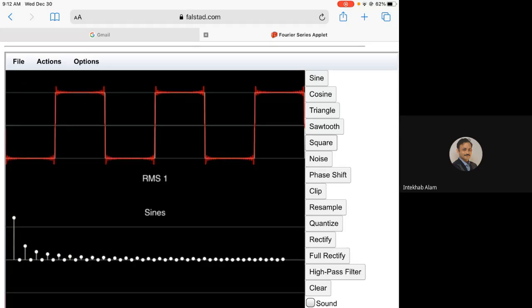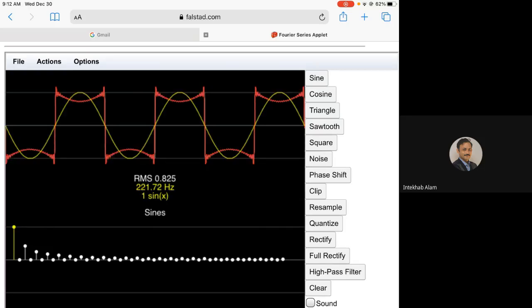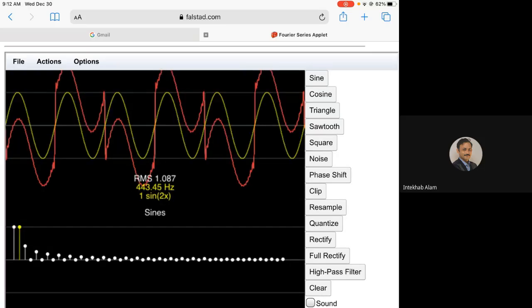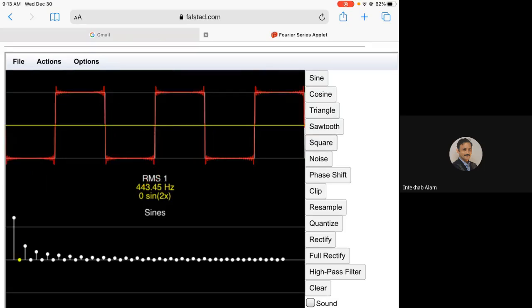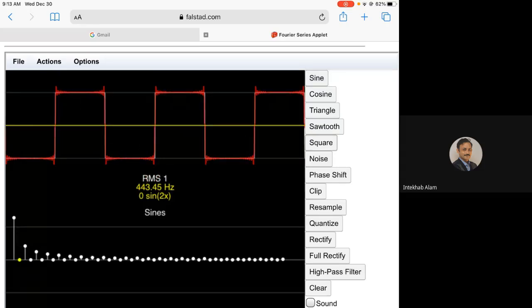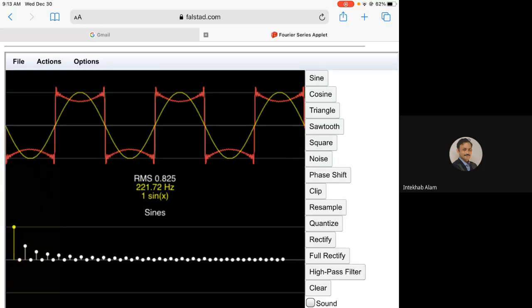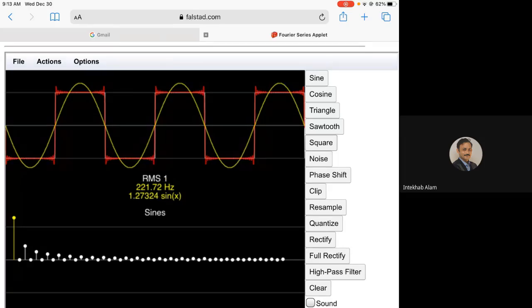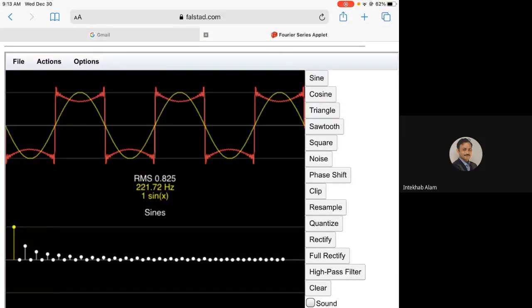Whenever we go for the square wave, this is the value. If we select the fundamental one, it's not working properly.